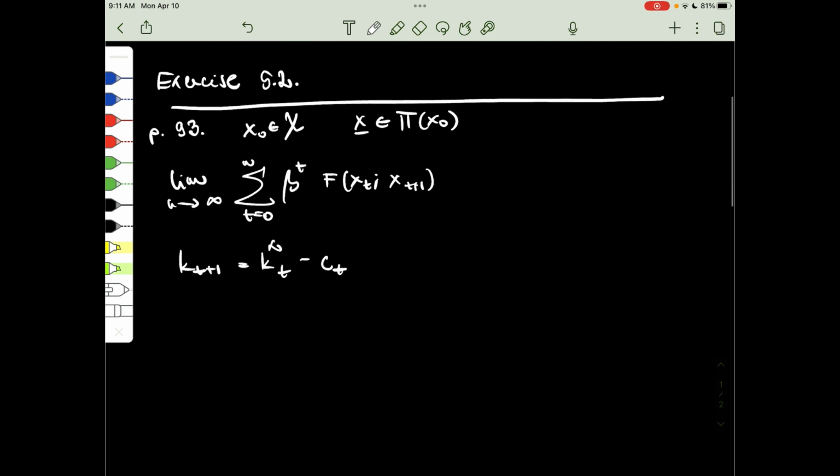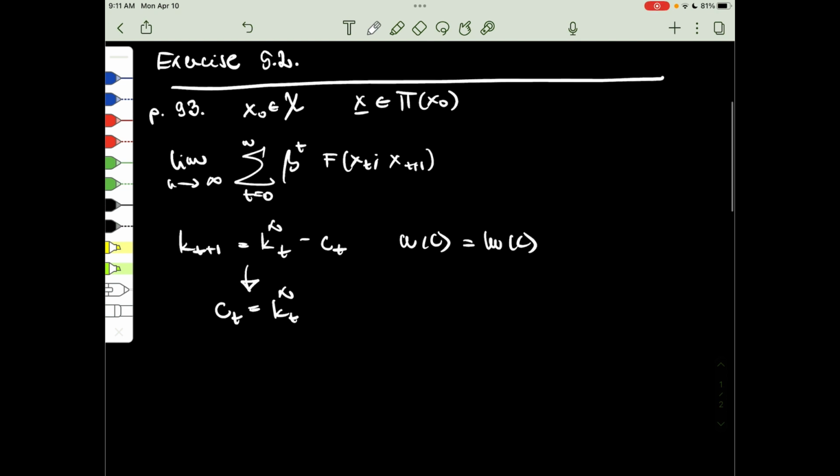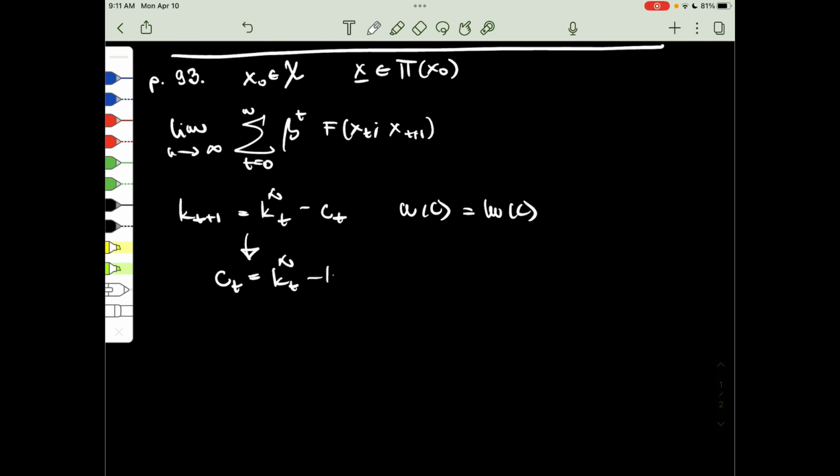So we know that this transition equation holds, and we have this utility function, and we know that consumption is the difference between period t production and next period capital stock. So the one period return function, it's no surprise, I promise, is this.